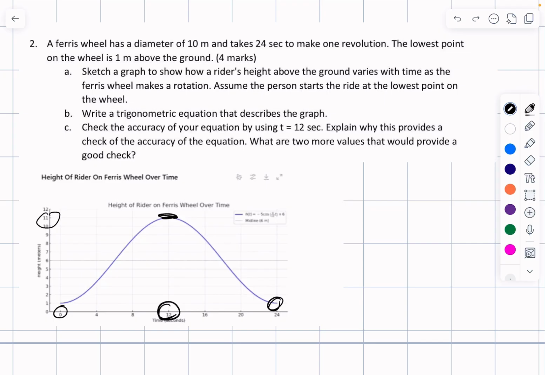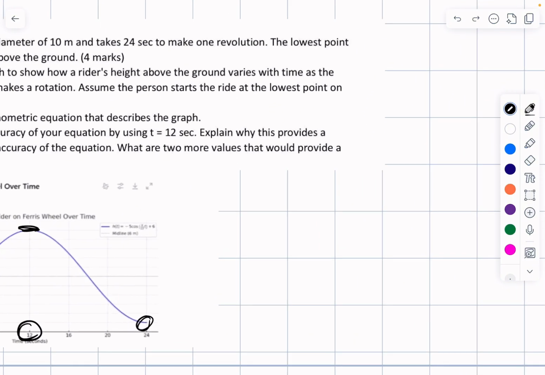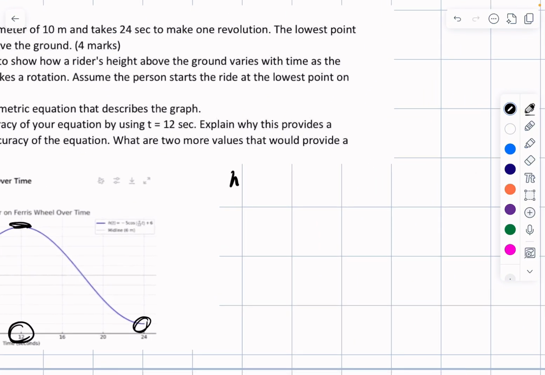So for part B, we need to write a trigonometric equation. So let's use the equation we were using before, but this time it's time and height. Okay, the amplitude would be -5.